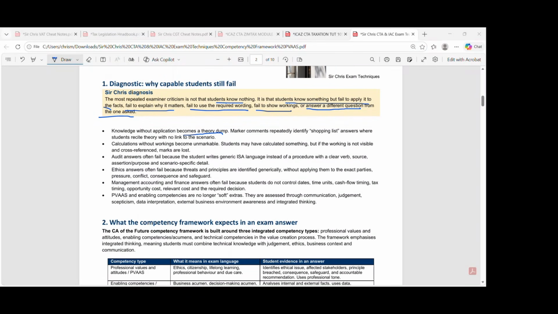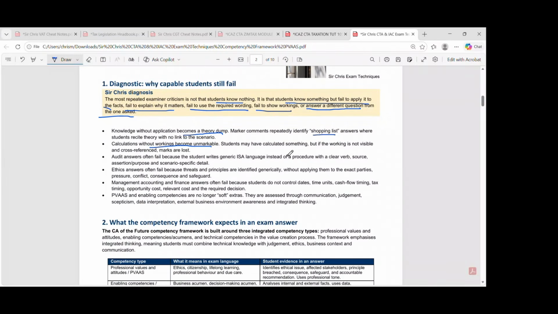So knowledge without application becomes a theory dump. Examiner comments repeatedly identify shopping list answers where students recite theory with no link to the scenario. Calculations without workings become unmarkable.